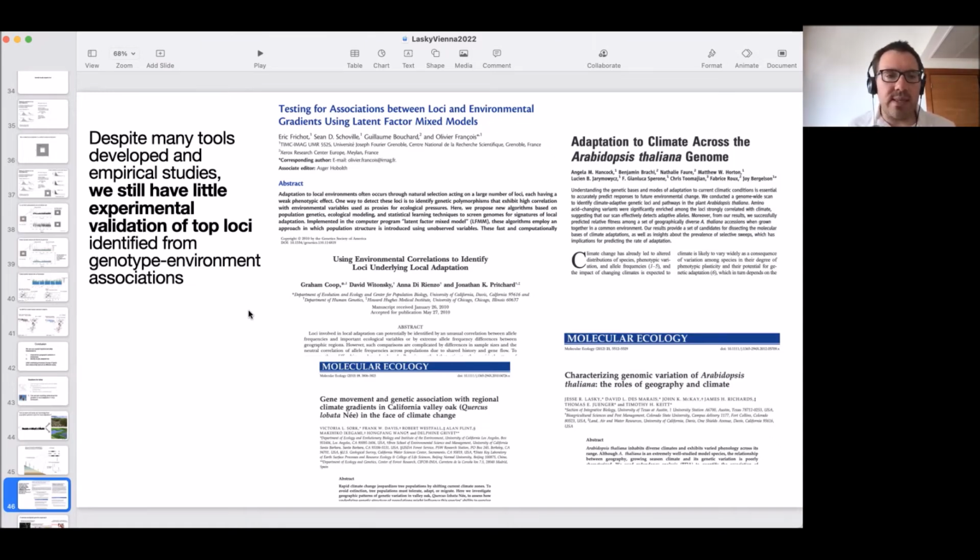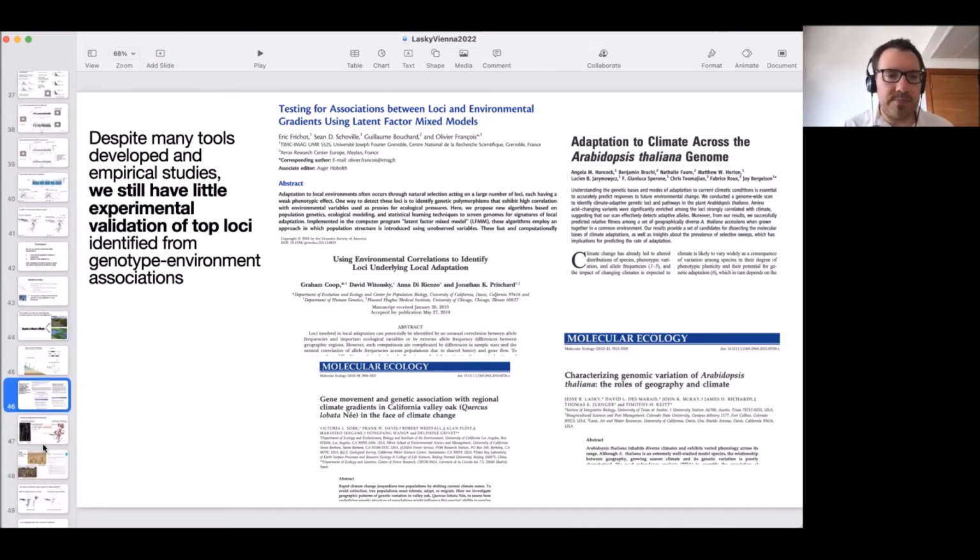But one thing that I think is still missing from the body of work from the community, and this is missing from my work as well, so I'm also guilty of this, is that we have had very little experimental validation of the top loci that come out of these genome scans. So it's still up in the air whether, when these genome environment associations get implemented on real data sets, we are pulling out the true locally adapted loci. That is at the individual locus level.